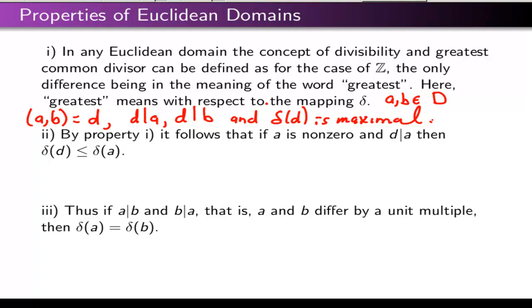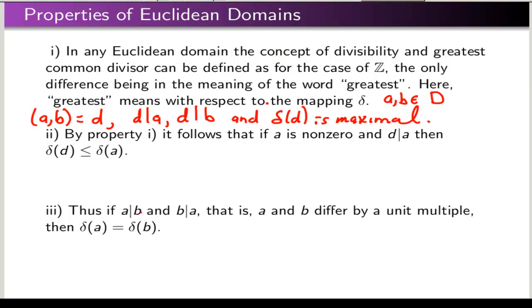Okay, and it follows by property 1 in the definition of Euclidean domain, that if A is a non-zero element in your domain and D is a divisor of A, then delta of D is less than or equal to delta of A. After all, D divides A means that dx equals A for some x in your integral domain.